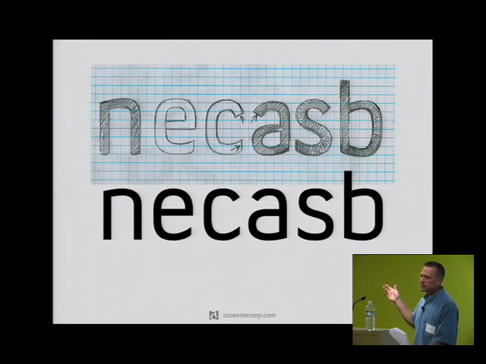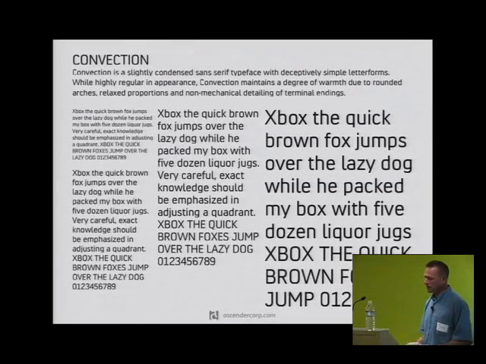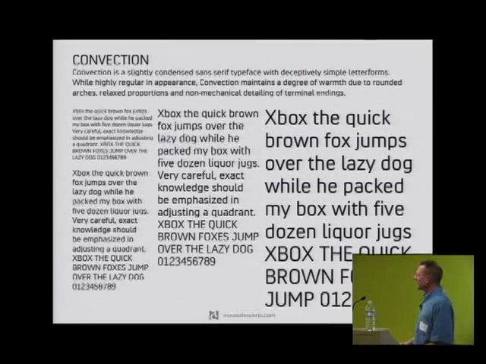A lot of typefaces of this genre are just bits and pieces of typefaces, or letters rotated into position, and that's that. So it's very mechanical looking. I was trying to get away from that with this typeface, which became Convection. And they liked it enough that we won the account.